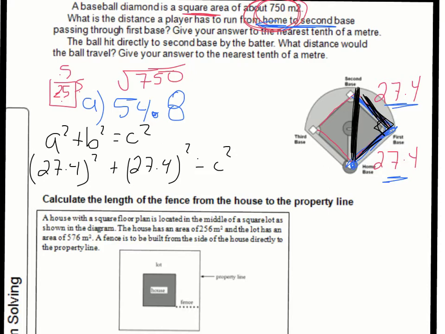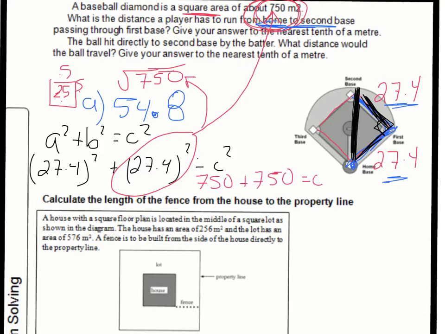Now 27.4 squared seems like a big number, but they already gave it to us. It's 750. So 27.4 squared is just 750. So essentially they go 750 plus 750 equals c squared.